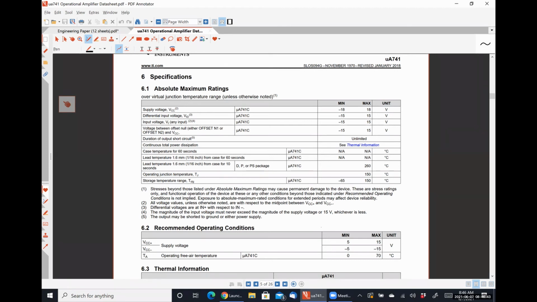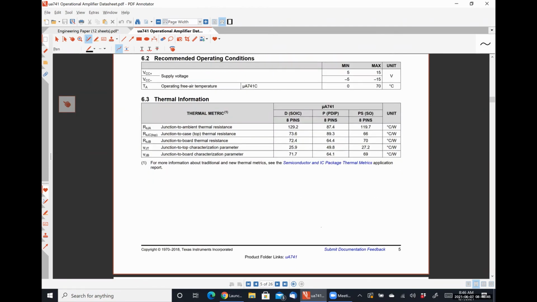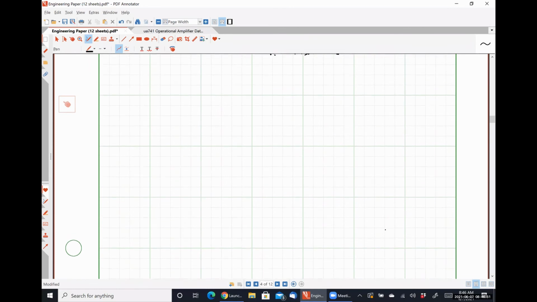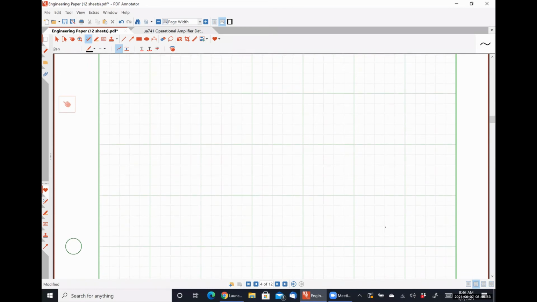So let me graphically explain what I mean by that just real quick, okay? So let's say, for the sake of argument here, we're going to be looking at this circuit.